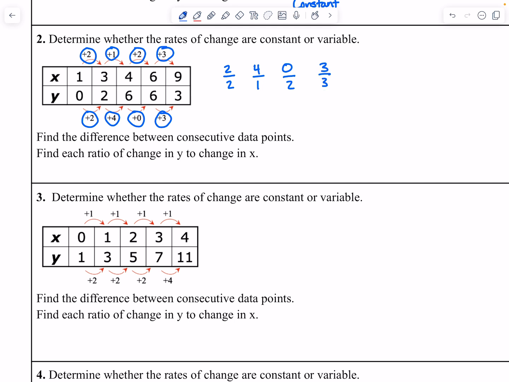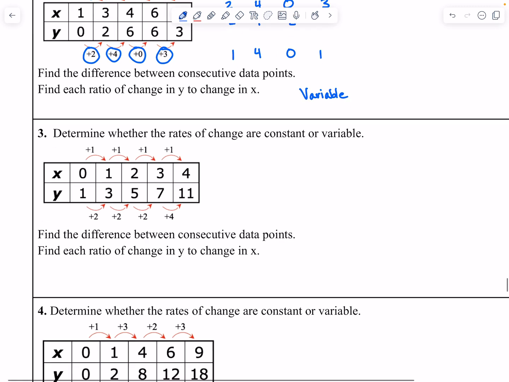So 2 divided by 2 is 1. 4 divided by 1 is 4. 0 divided by 2 would be 0, and then 3 divided by 3 would be 1. So notice these numbers are not the same, so we would just say that this data set has variable rates of change.